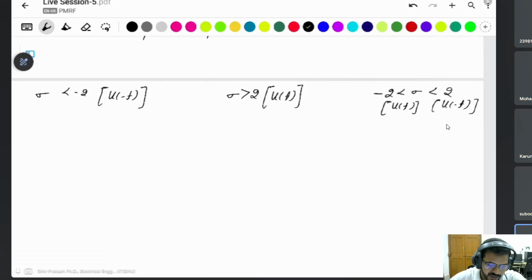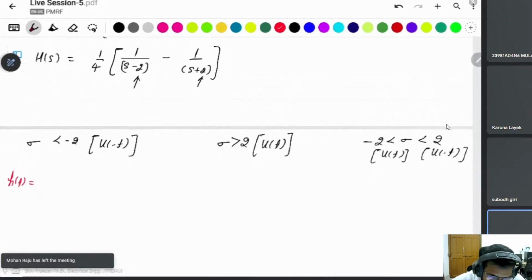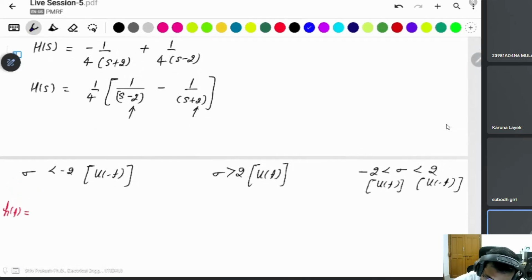Okay. In the first condition, what is h(t)? In the time domain, u of minus t is there. Then you can write this like 1 by 4, 1 divided by (s plus something), take s plus 2, because this will be s plus 2.